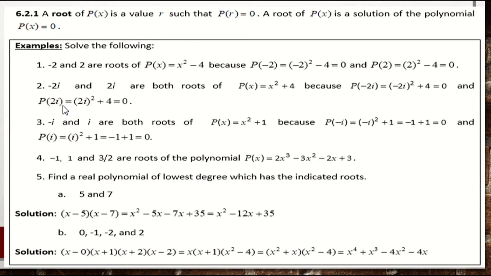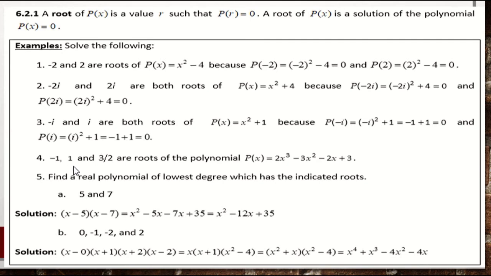Next, negative i and i are both roots of p of x equals x squared plus 1. Substituting negative i squared gives negative 1, plus 1 is 0. And for i, i squared is negative 1 plus 1, so 0 again. So negative i and i are roots of this polynomial.